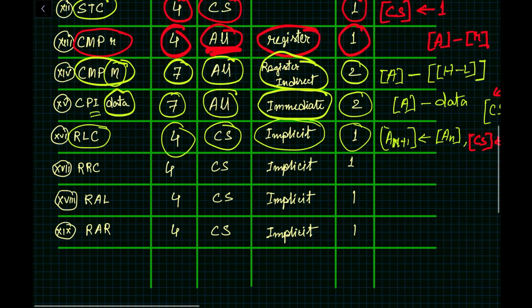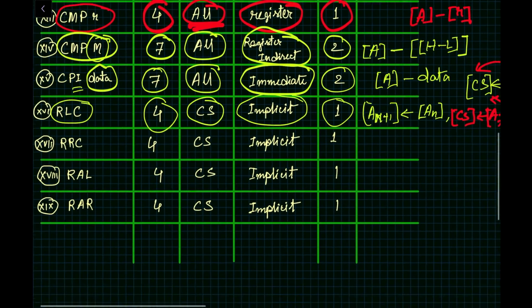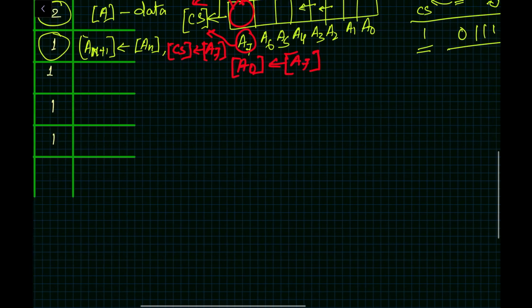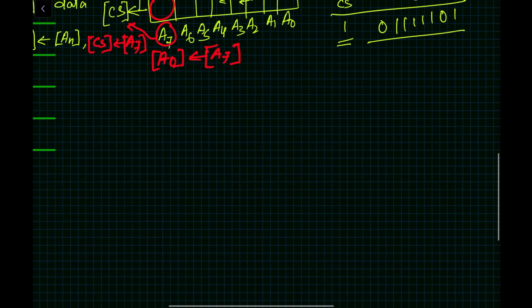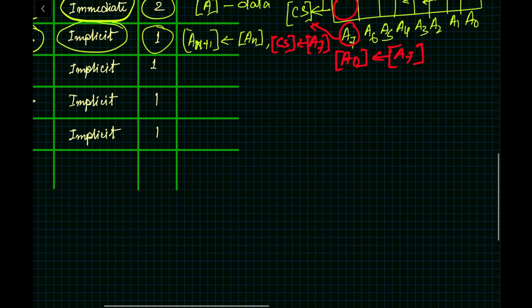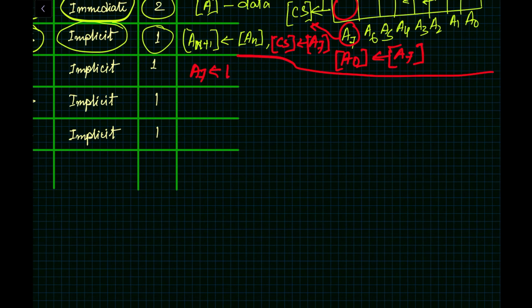Similarly, we have the RRC. In the case of RRC, the opposite will happen. The bits will be shifted to the right by one position. So what will happen in the case of RRC? A7 will be rewritten with A0.